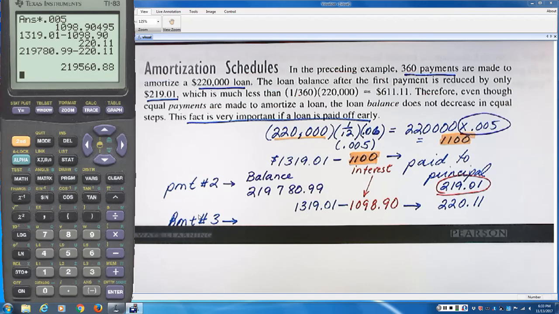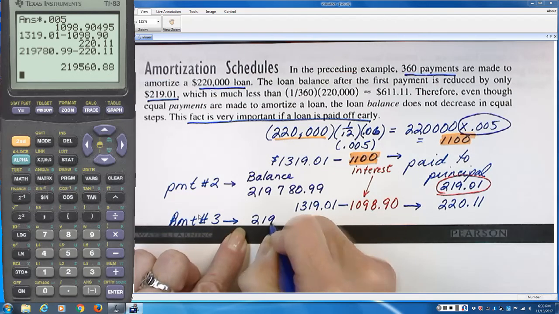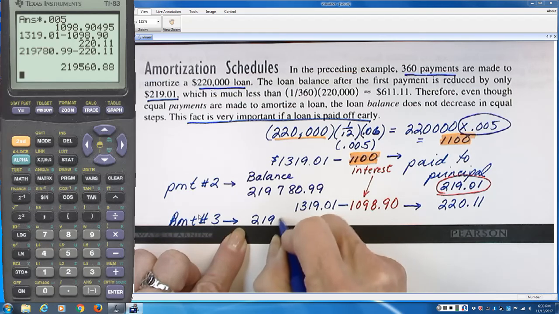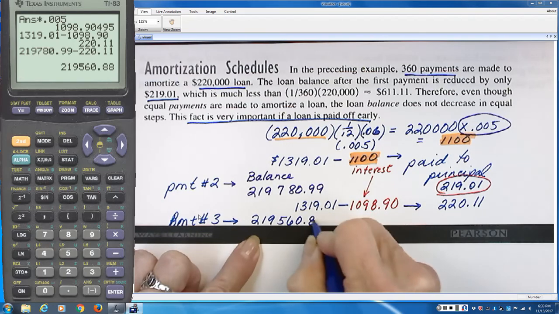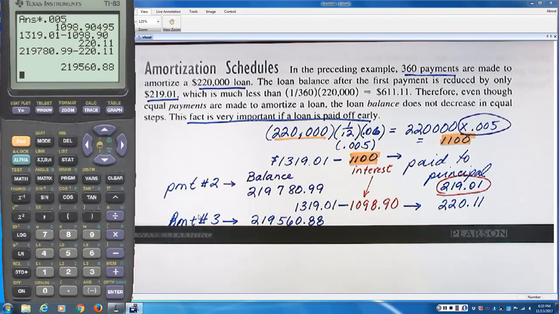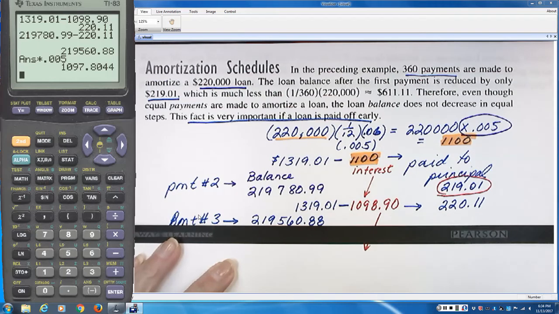So now what you're going to pay interest on for this next month is $219,560.88. Which means your next interest amount is going to be $1,097.80.